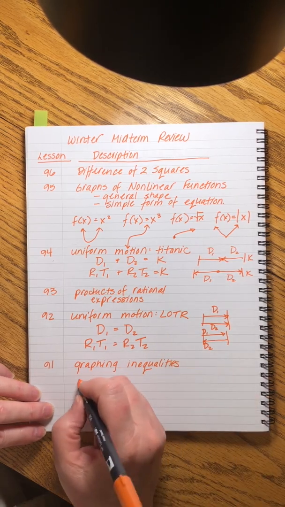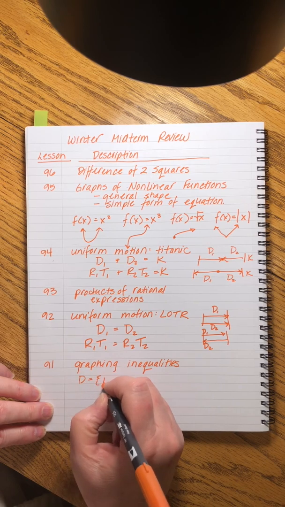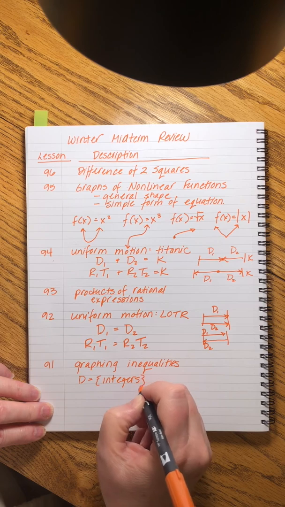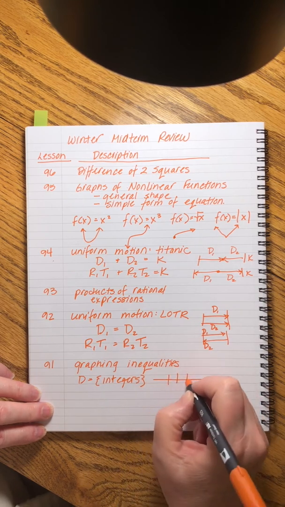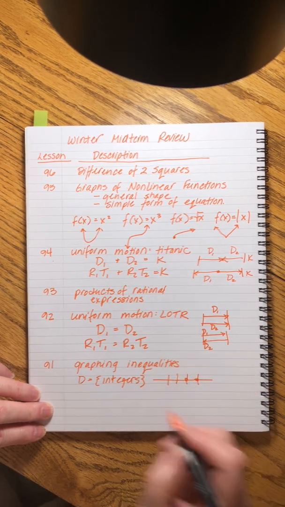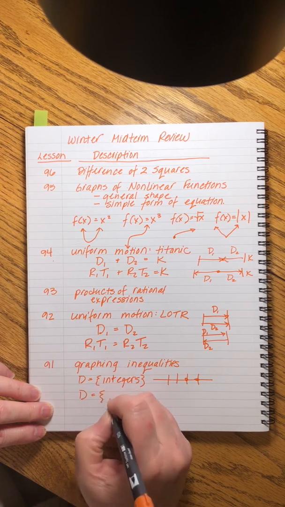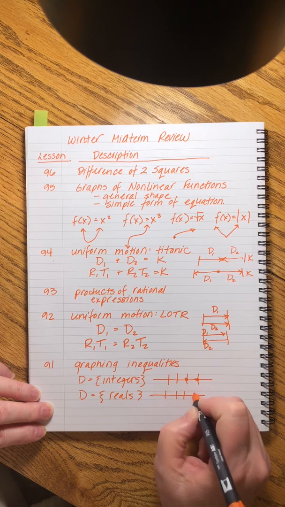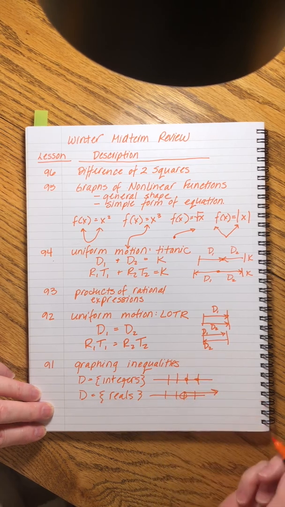Okay, remember that if the domain equals the integers, then our graph is going to have dots on it. Remember that if domain equals the reals, then our graph is going to have a circle and an arrow.